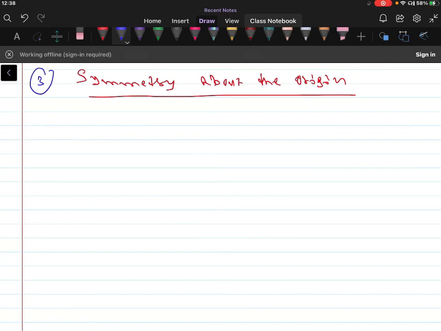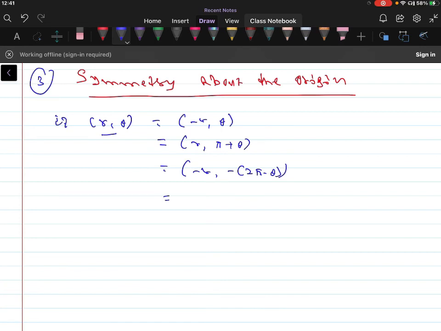Suppose the polar curve is symmetric about the origin, if (r, theta) is replaced by (minus r, theta), or (r, theta) is replaced by (r, pi plus theta), otherwise (minus r, minus of 2 pi minus theta), or (r, theta) can be written as (r, minus of pi minus theta).